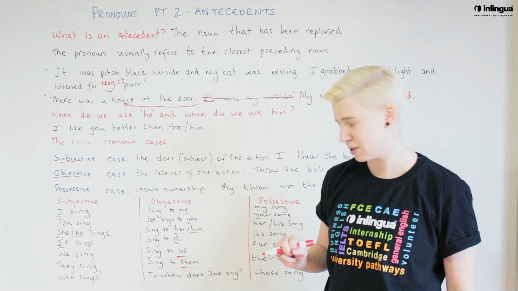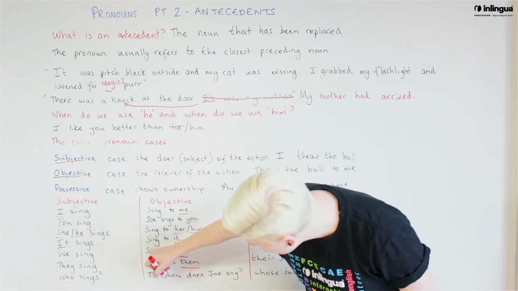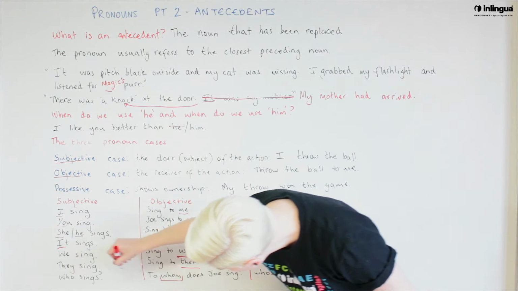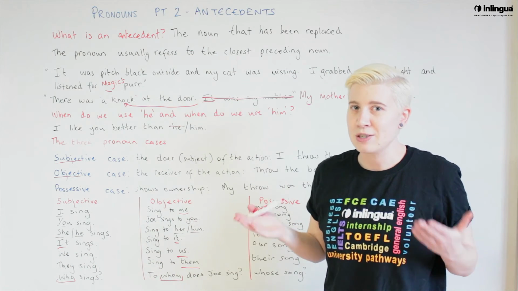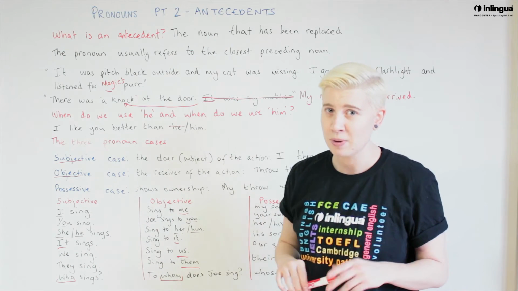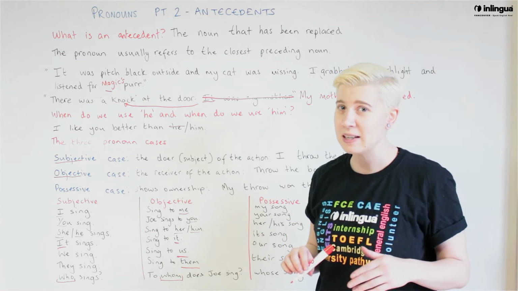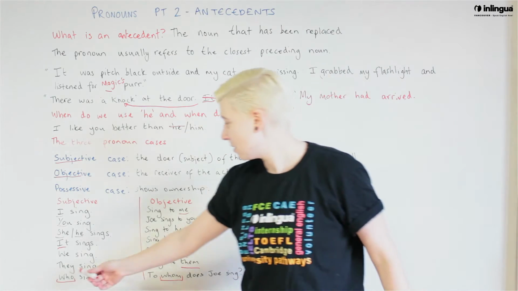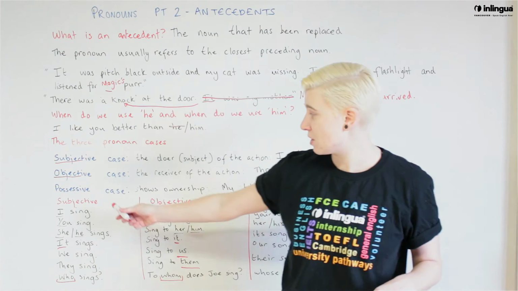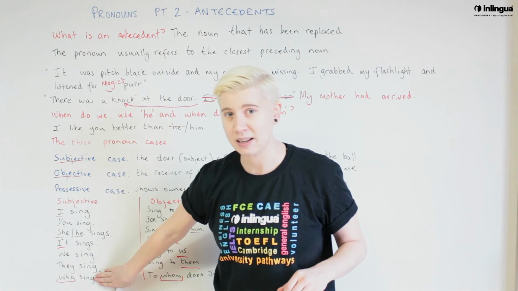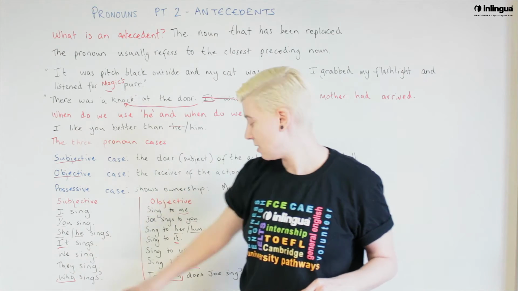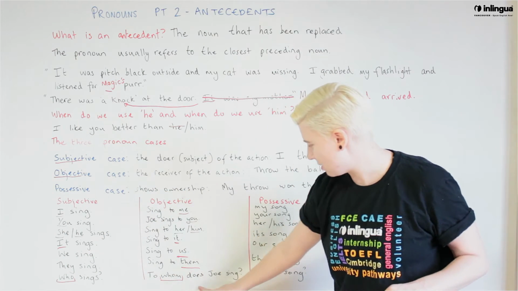To whom does Joe sing? You see this here? Whom and who? People get so confused when to use who and when to use whom, and the only trick that works is to replace who with a different subject. Change it to I. I sing is the subject. To me does Joe sing?